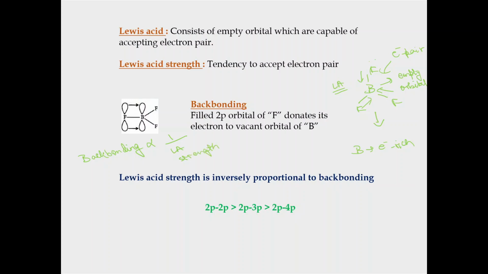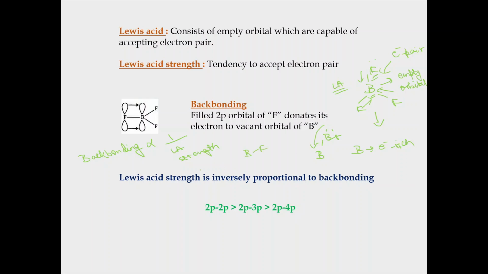Now, for this back bonding, fluorine is donating its electron to boron. If both these atoms have a comparable size, then this back bonding will be better than if we have a larger atom, let's say Br. In that case, the size difference is too much, so the donation of electrons from bromine to boron will not be as effective as in the case of boron and fluorine.